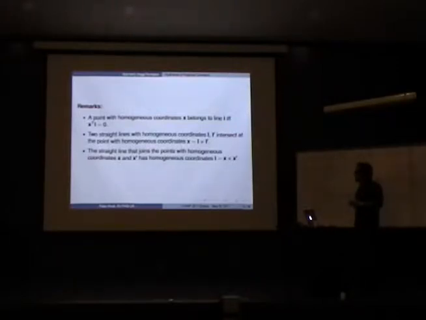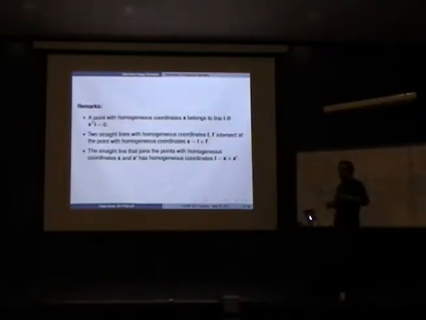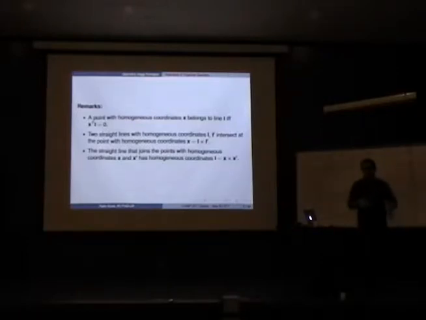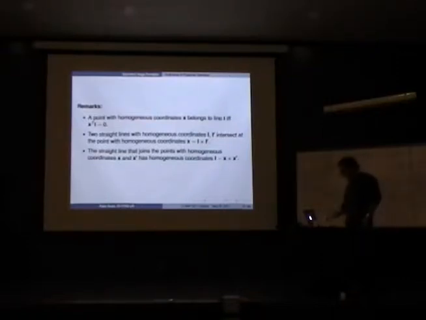And also a line that goes through two points x and x prime is given by the cross product of the homogeneous coordinates of the points. You can verify this. It's just linear algebra, but it's very practical.